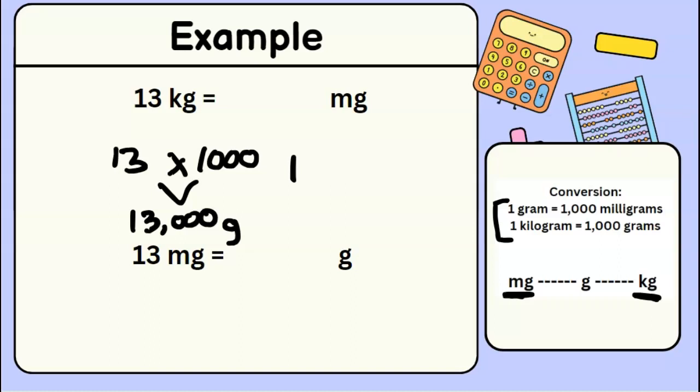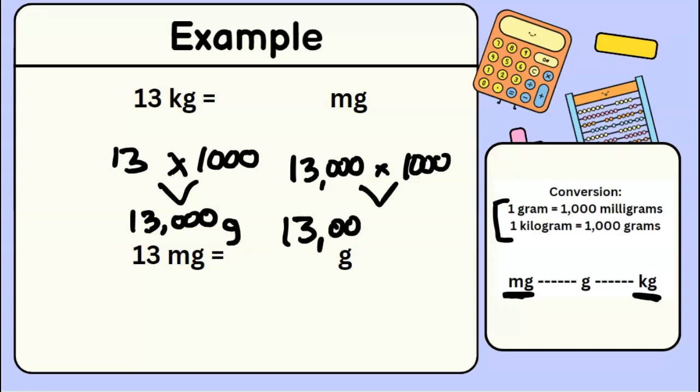I'm going to take my grams, what I'm converting, and do the math with the conversion. Powers of 10 again. I'm going to be adding those 3 zeros, and I get 13 million milligrams. So I know that 13 kilograms is equal to 13 million milligrams.